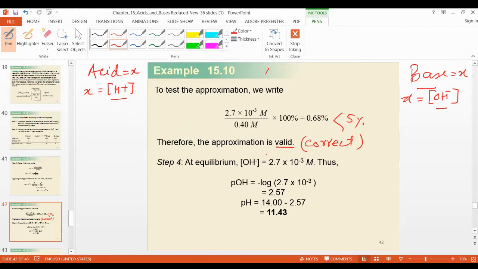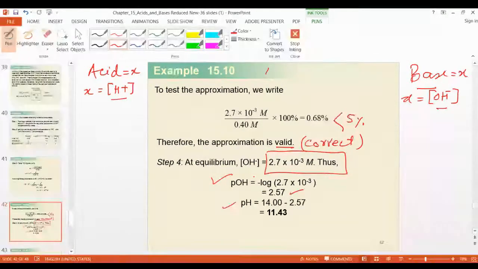So whatever value you get here will be equal to OH minus. So you have to determine pOH first. Once you get pOH, then you calculate pH. The method and concept are the same, no difference at all, just one extra step here. OH is given, so first you calculate pOH, then you calculate pH.